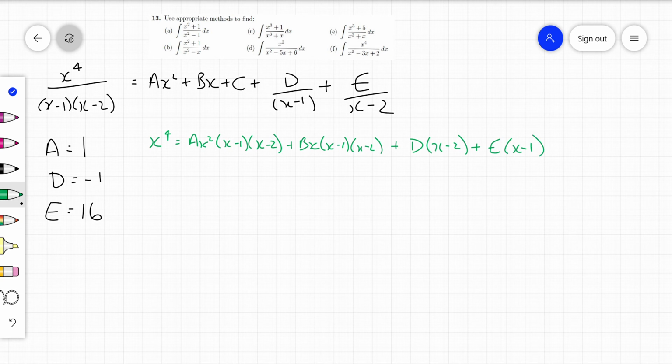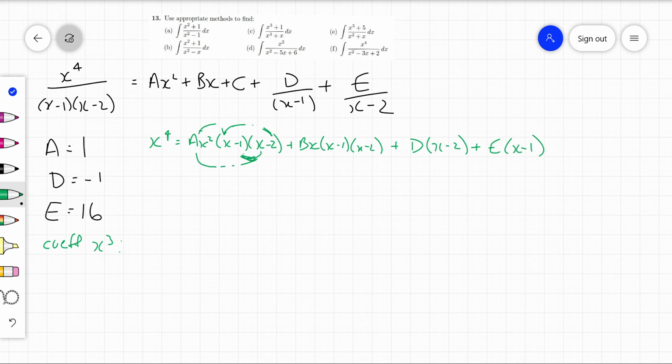So looking at the coefficient of, and you can pick different things. So let's say x cubed. If I was looking for x cubed, where will I get x cubed from? There's two ways to get it from this first term. I could say ax squared times x times minus 2, or ax squared times x times -1. Sorry about that.